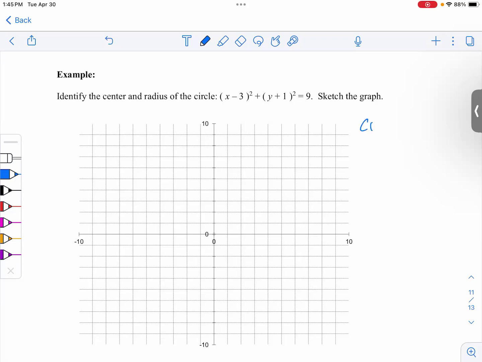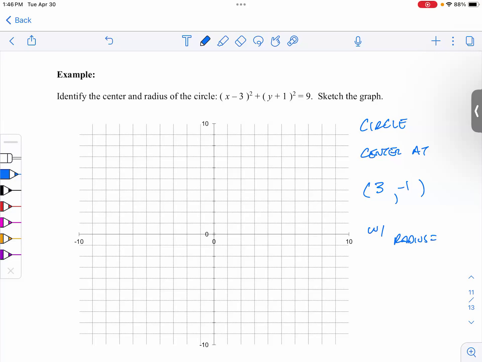Okay, so this is a circle with radius equal 2. All right, so what is my center at? 3, -1. 3, -1. What's the radius? Is it 3? It's 3, because it's just the square root of the 9.